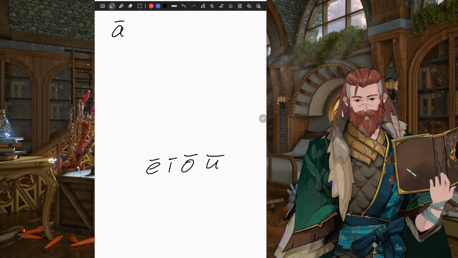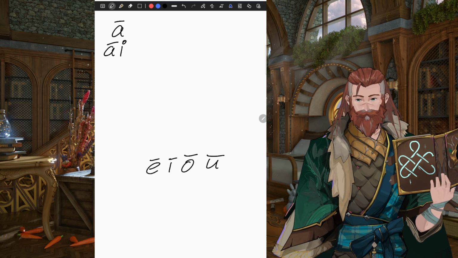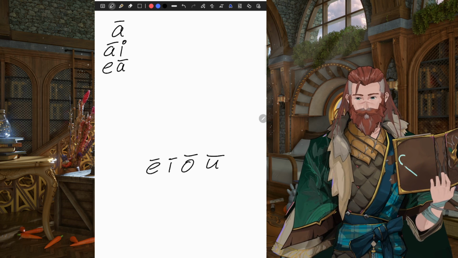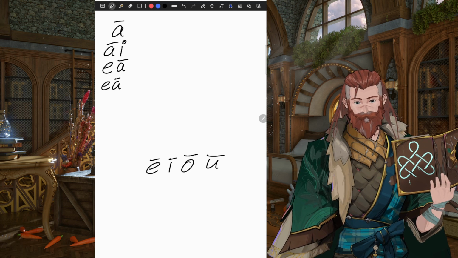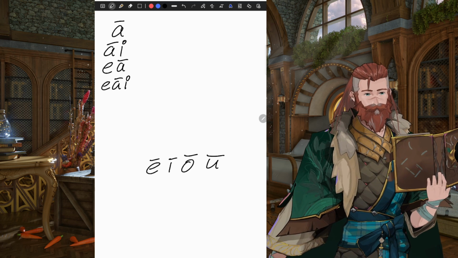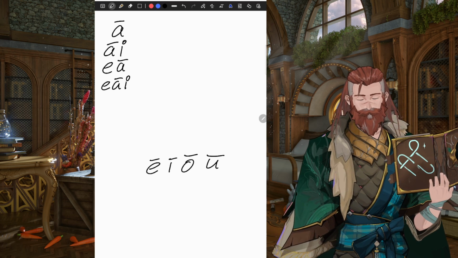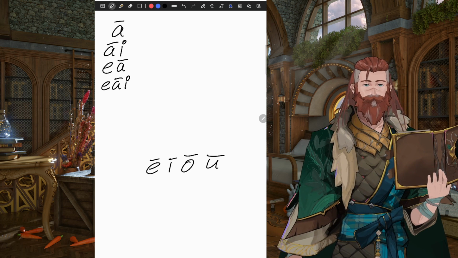And for those, you have A fada, AI, EA fada, or EA fada I. All these here will make the same long sound.